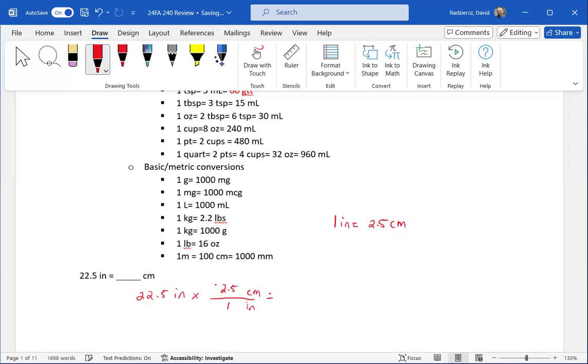And so it's going to do that calculation. 22.5 times 2.5, which gives me 56.25 centimeters. Now, if I'm doing this the way that I would traditionally do this, I would tell you to round that number to 56.3 centimeters.